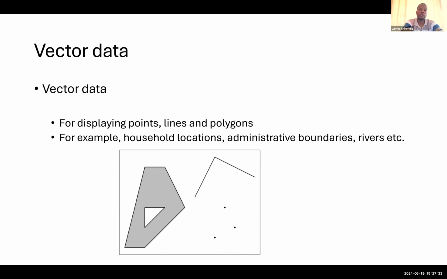A polygon can be used to represent administrative boundaries, whether national boundaries, subnational boundaries, and so on. Lines, you can think of lines to represent things like rivers, road networks. So all these will be under vector data for representing spatial data.